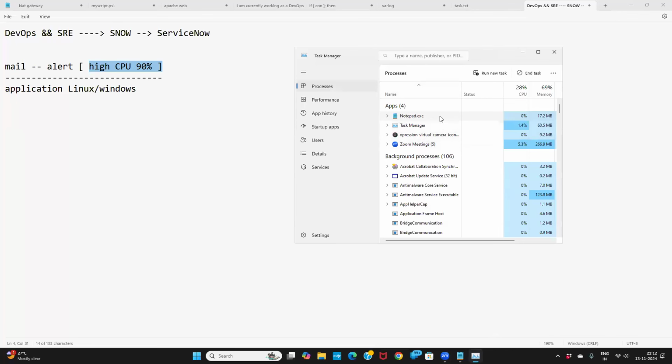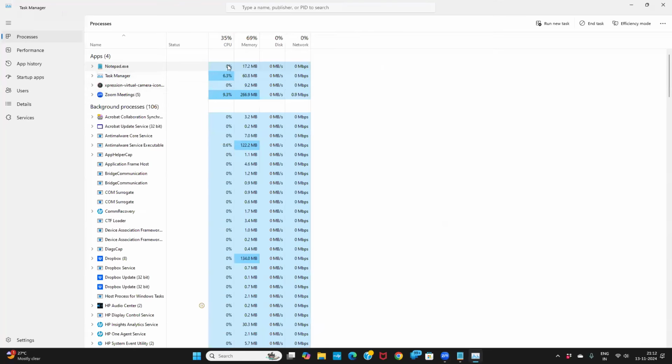If you look, this process is consuming certain resources. It could be CPU, memory, something like that. It is consuming our system resources. Notepad is not utilizing much of your CPU or memory, it is utilizing something.